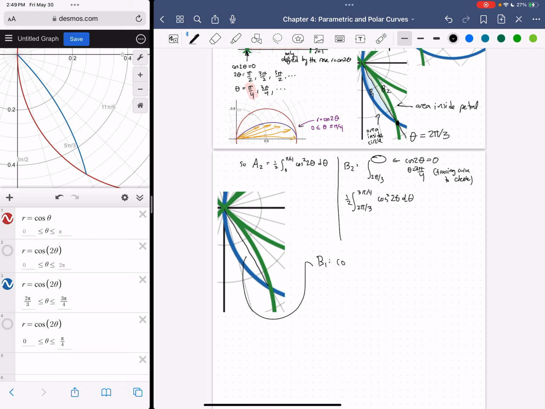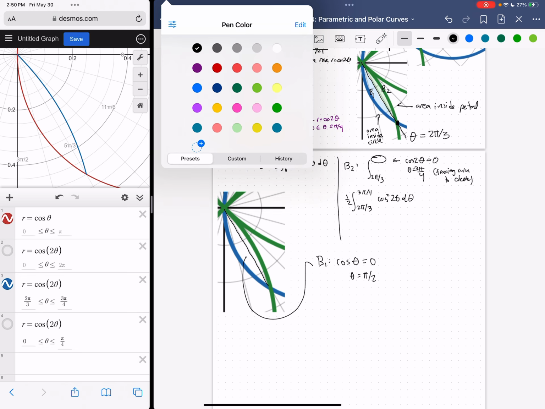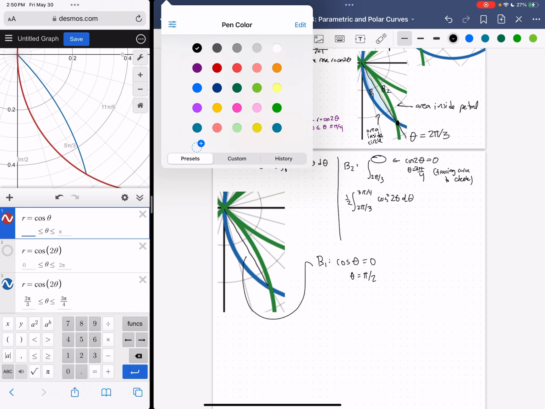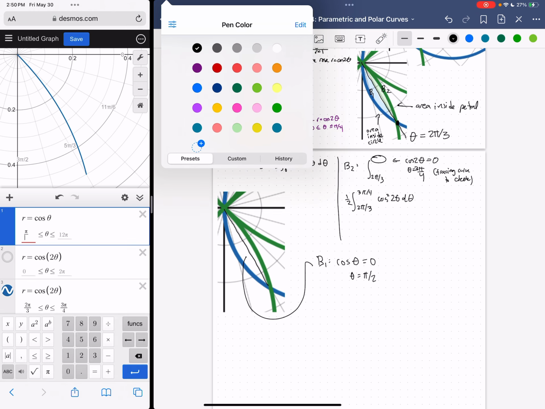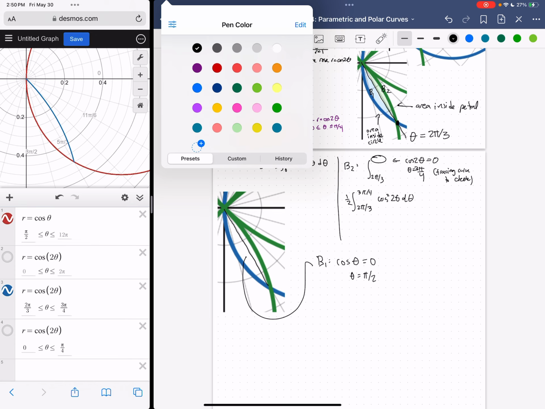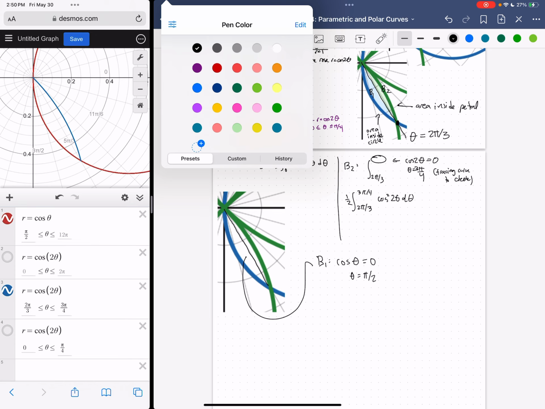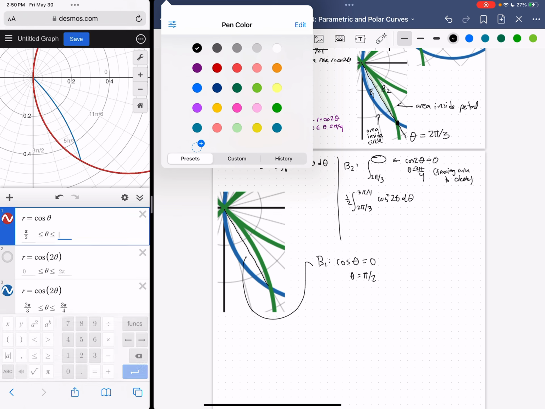Let's see, so cos of theta, that's the circle that we're dealing with. When is that equal to 0? Well, for angles like pi over 2. So you know what we can do actually is, in this Desmos, we're looking at theta between pi over 2, and then we know that they intersected at 2 pi over 3.